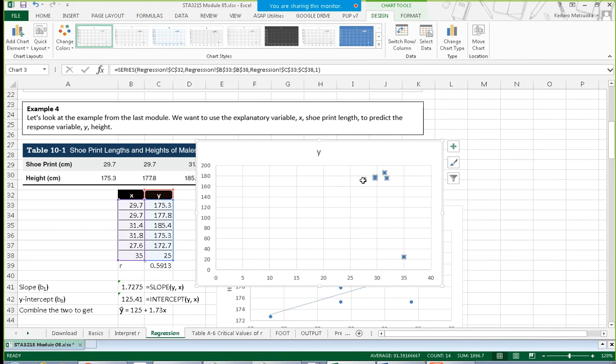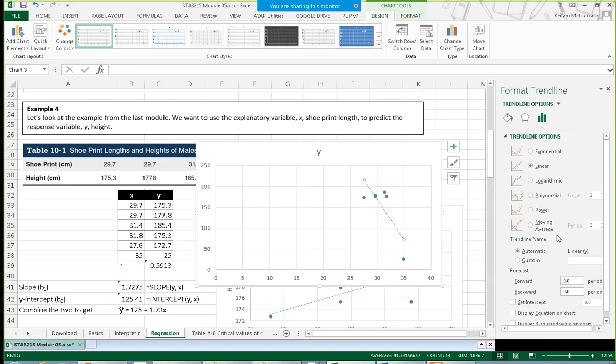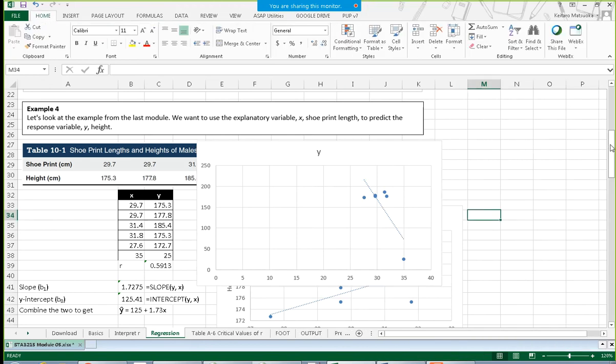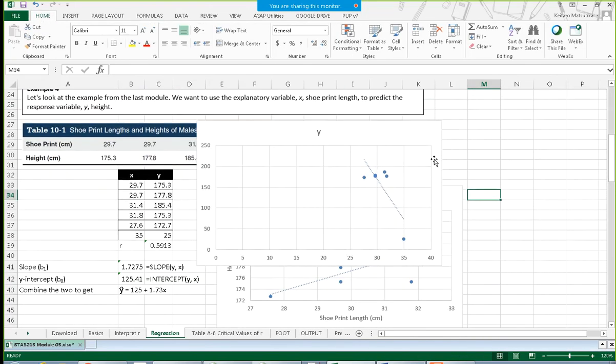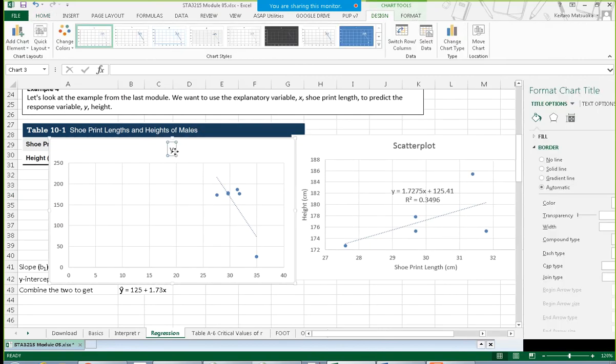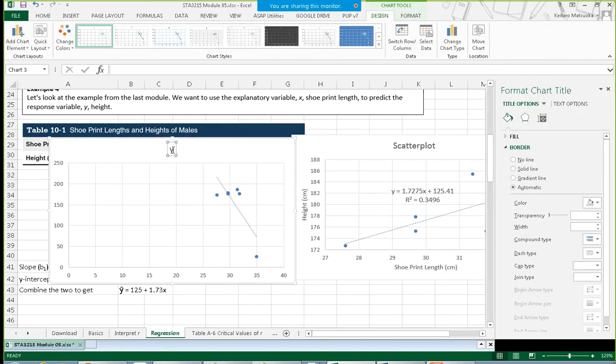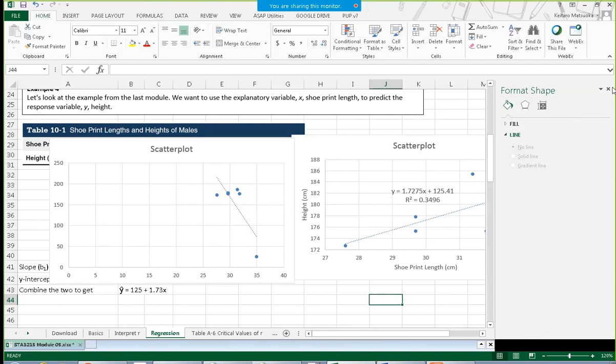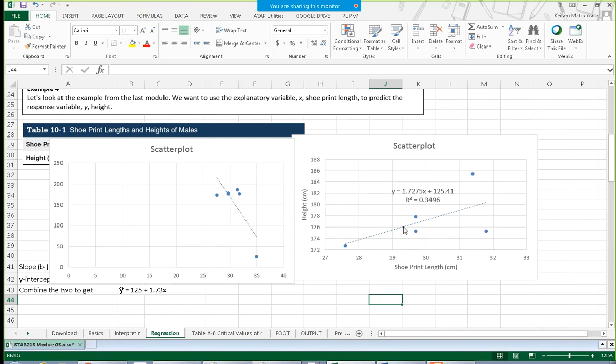Okay, and then create a trend line. You see that originally it was positive, but with the additional point, it's negative.